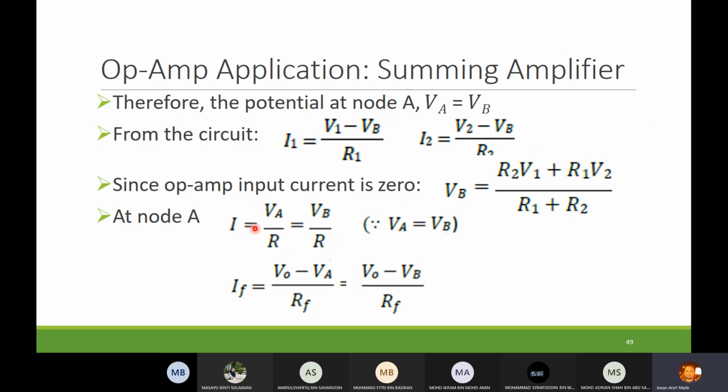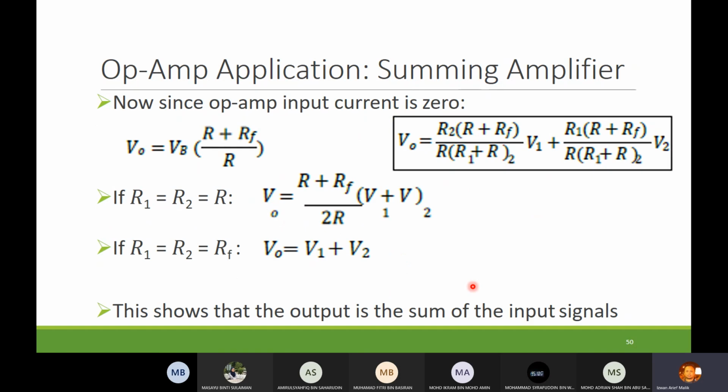So at node A, I equivalent to VA over R sama dengan VB over R, di mana VA sama dengan VB. So at IF, okay, dekat dia punya feedback tu, VO minus VA over RF, so sama dengan VO minus VB over RF. Okay, so sama sebab kita tahu dekat node kedua-dua A dan B, VA adalah sama dengan VB.